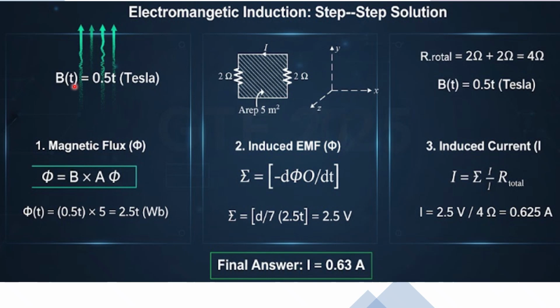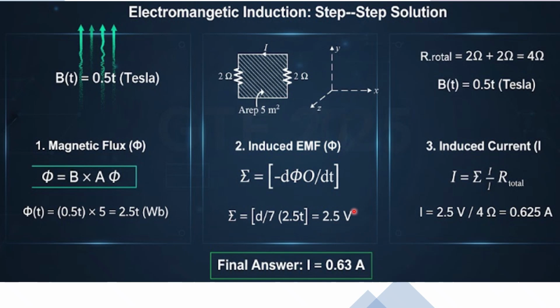It is already given that B(t) equals 0.5 t and the area is 5, so the flux will be 2.5 t. Now voltage, that is EMF, is d psi by dt. Put the values: 2.5 t divided by dt. The t cancels out and you get the final 2.5 volt.